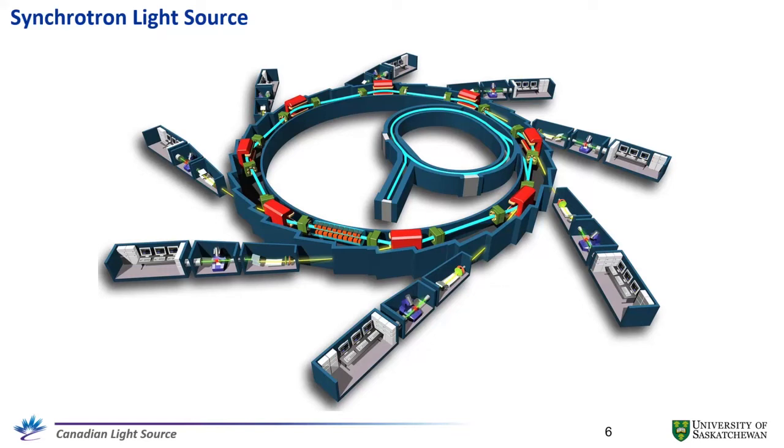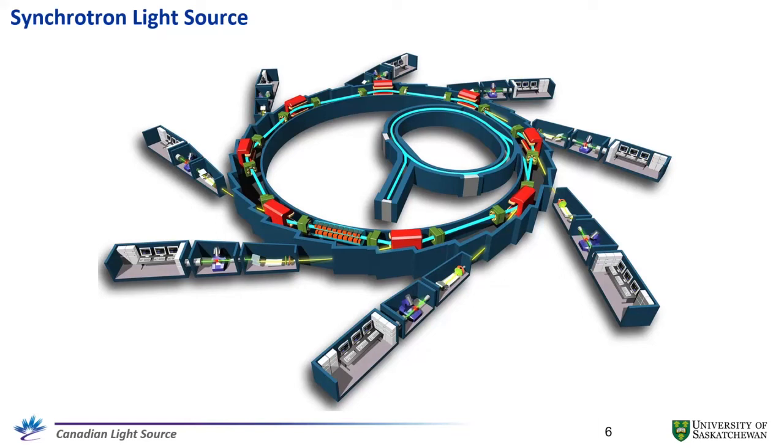The light source has a storage ring, in which the electrons circulate close to the speed of light, and we have a lot of magnets to bend the electrons into a circular orbit. When you bend the electron, the synchrotron radiation is emitted in the tangential direction. So we build a lot of so-called beamlines to make use of this synchrotron radiation.